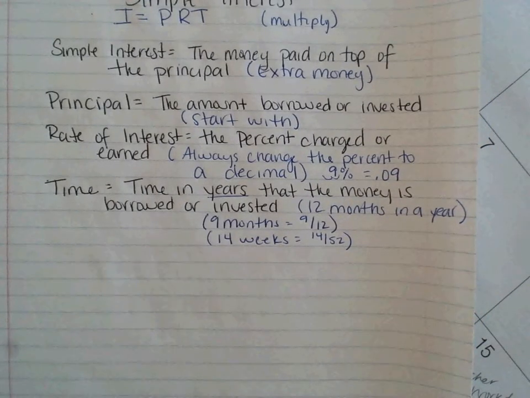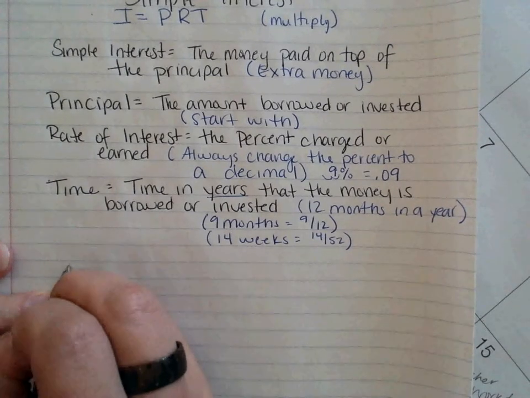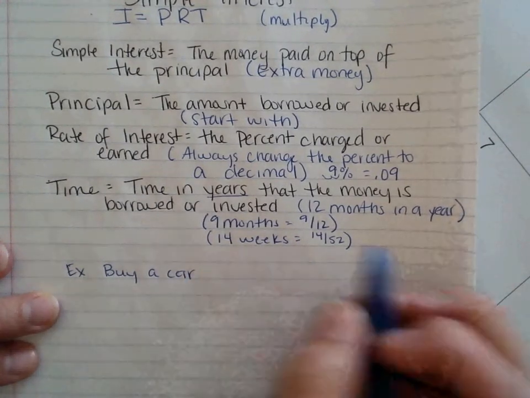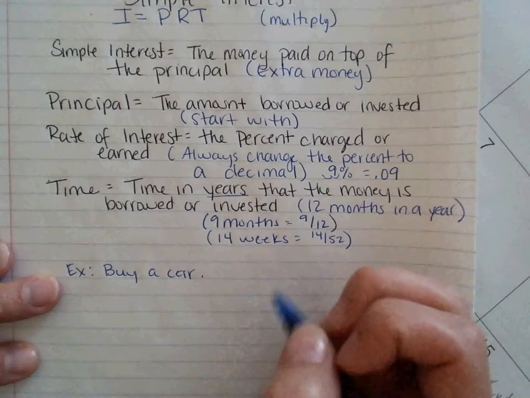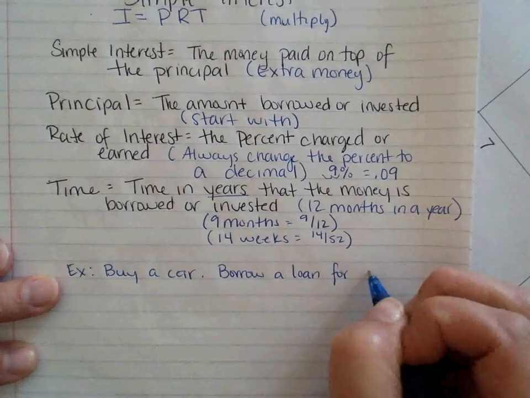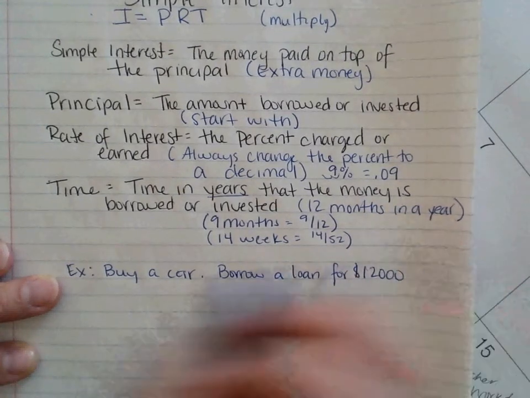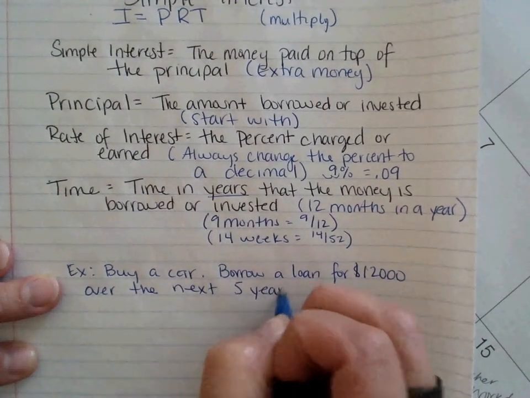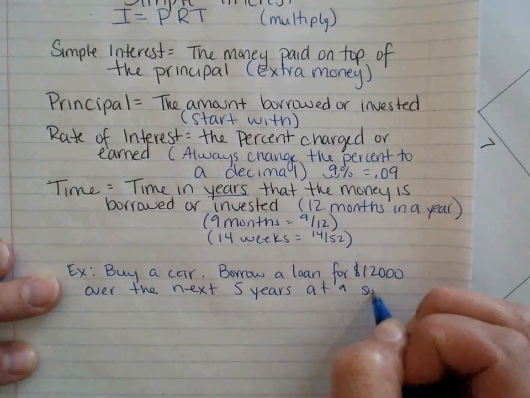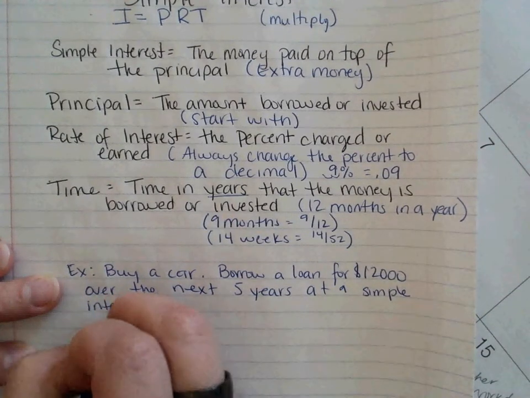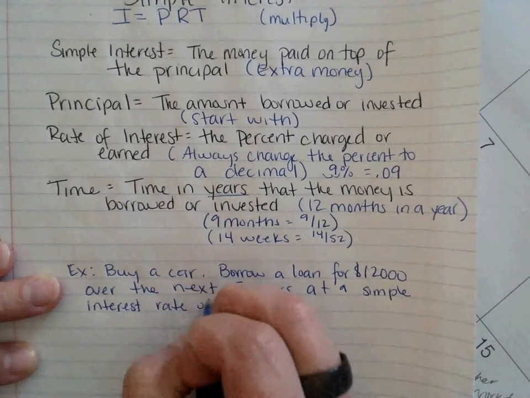So let's look at an example. If I tell you that you're going to buy a car, and you're going to get a loan, you're going to borrow $12,000 over the next 5 years at a simple interest rate of 6%.